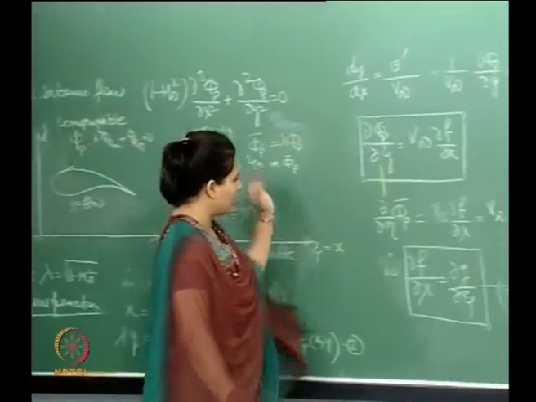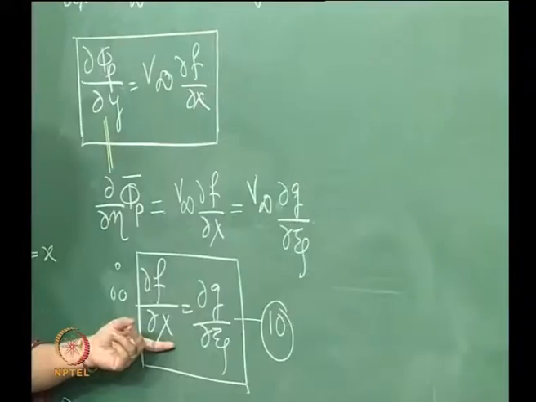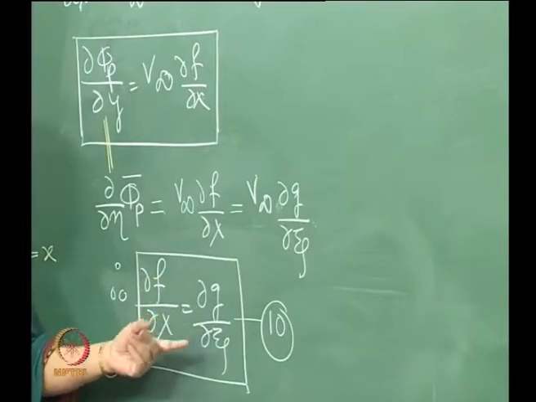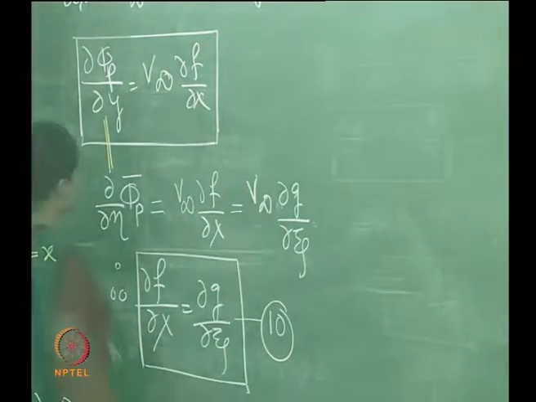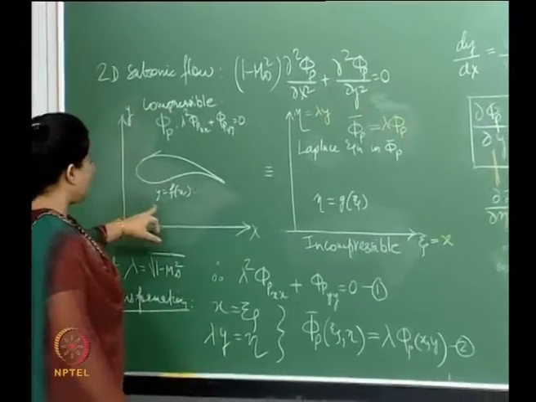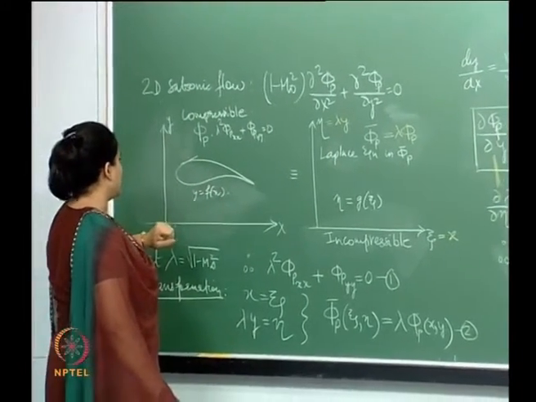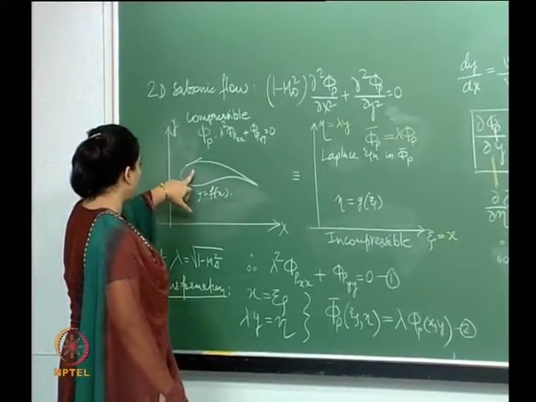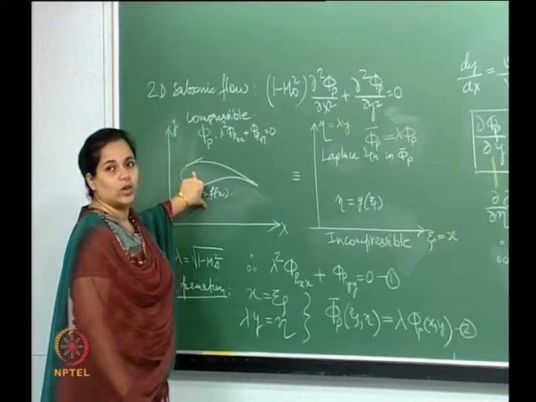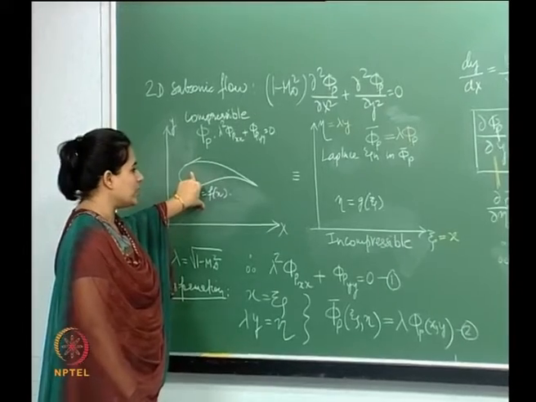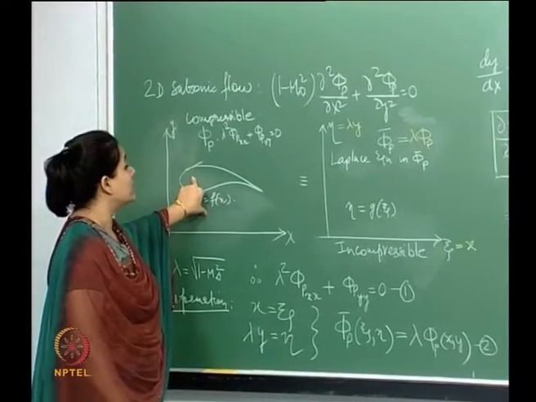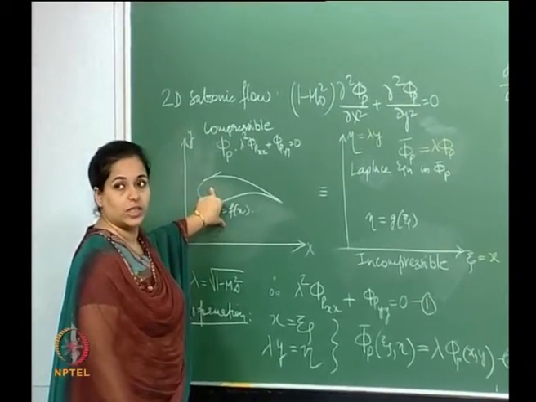So from here what we get is del f del x is equal to del g del zeta. Okay. So what does that mean? That this del f del x, which is the slope in the xy coordinate, is also the same as the slope in the zeta eta coordinates, in the transformed coordinates.